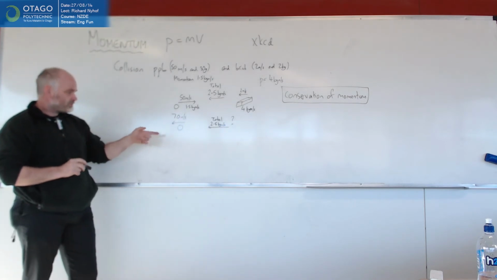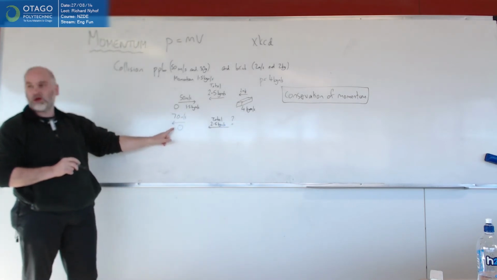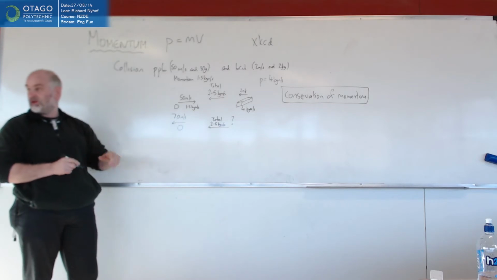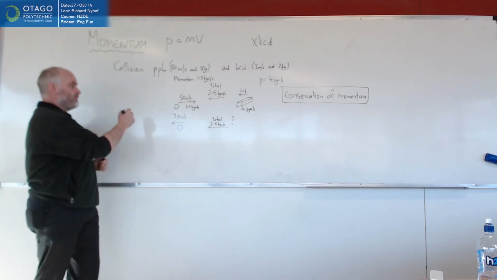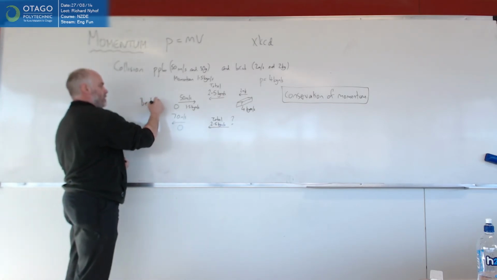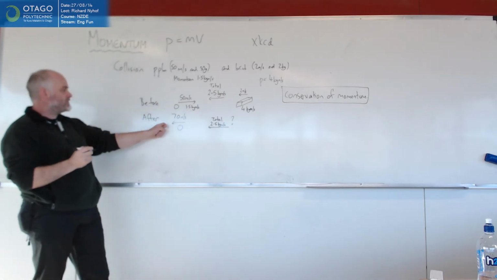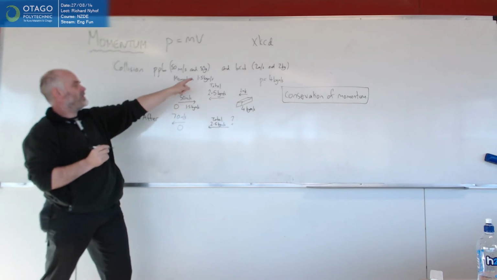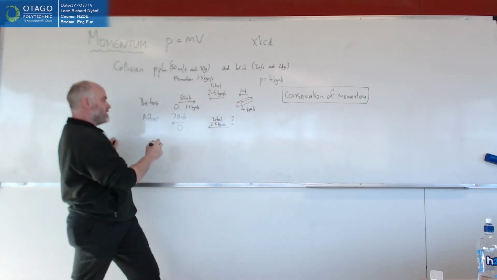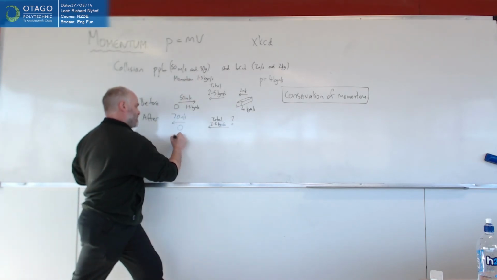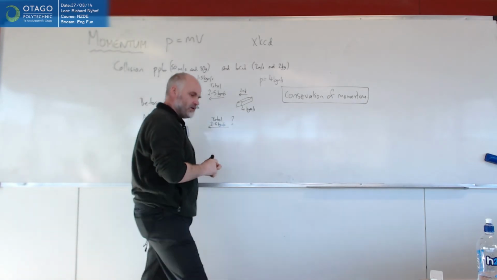Which means we know how fast our ping pong ball is going, so we can figure out the momentum of the ping pong ball afterwards. So this is before and this is after. So our afterwards is 70 meters per second times 0.03, which is 2.1, I think, isn't it?